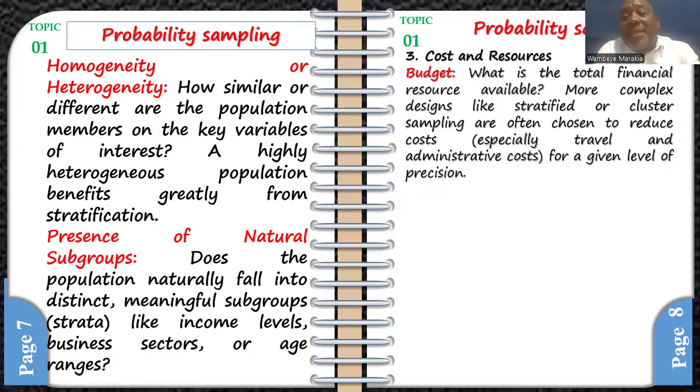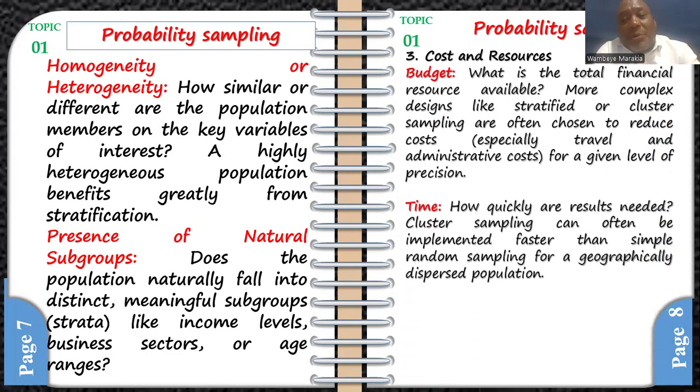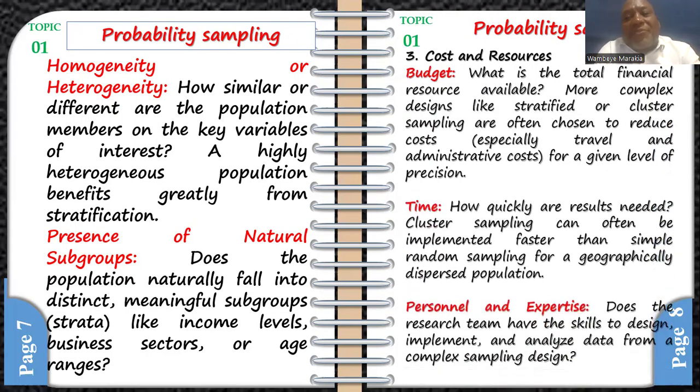Look at the budget. What is the total financial resource available? More complex designs like stratification or cluster sampling are often chosen to reduce costs. Number 2 on the cost and resources, we're looking at the time you are going to carry out the research. How quickly are the results needed?